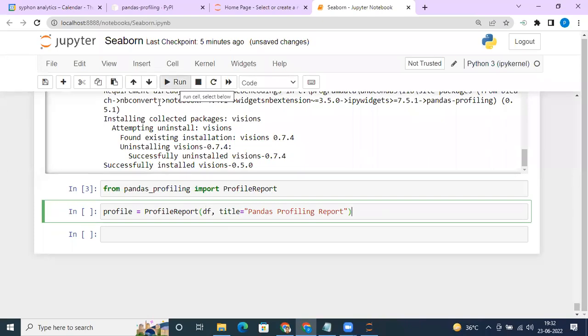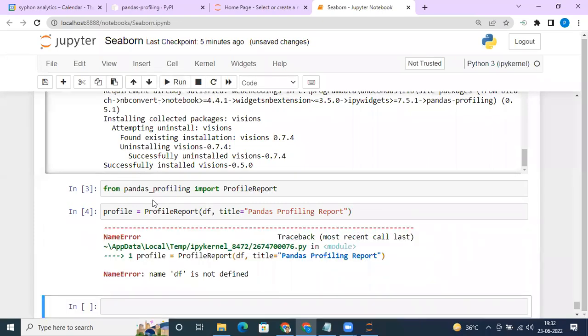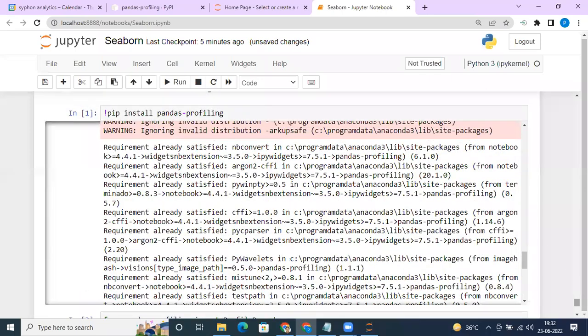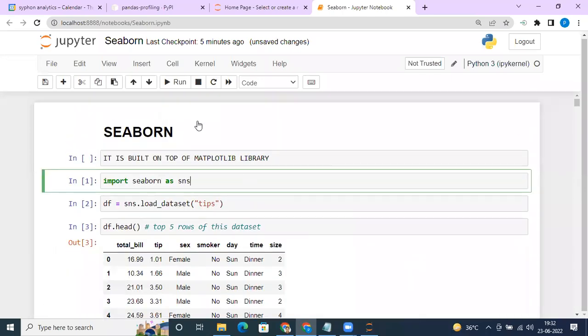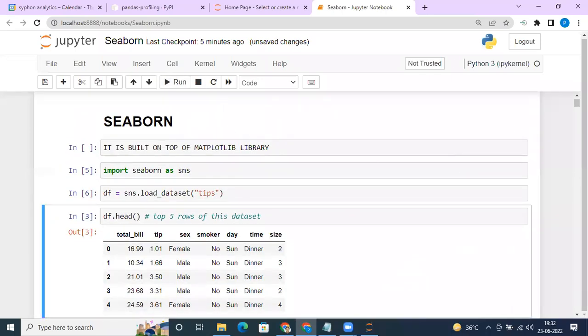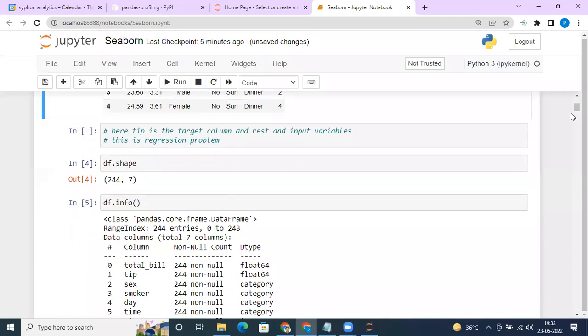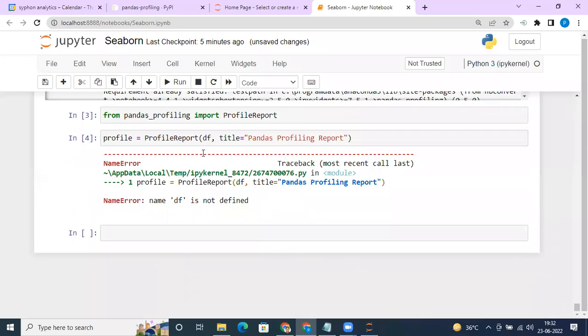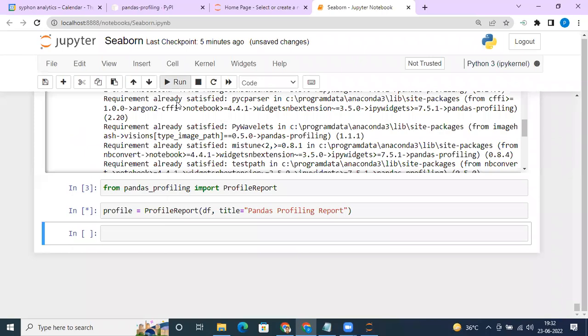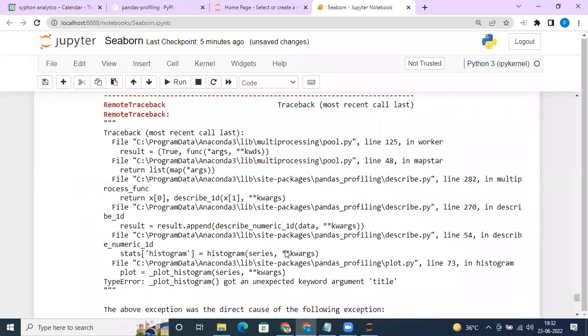Execute this. df is not defined. How come? Okay, I didn't import it. Again error.